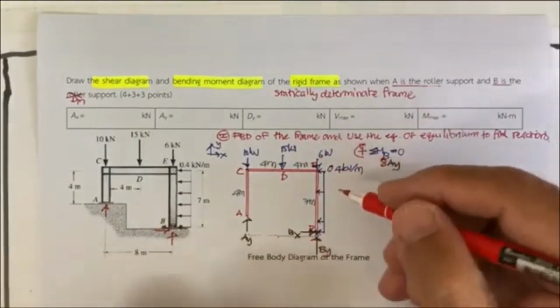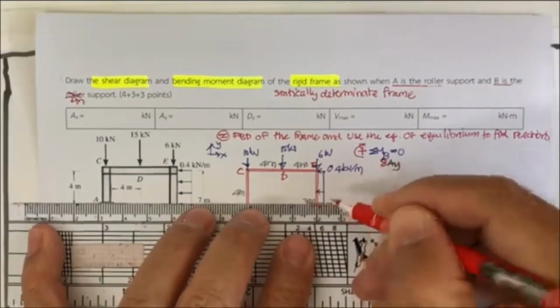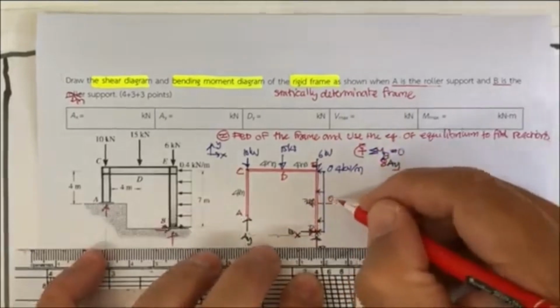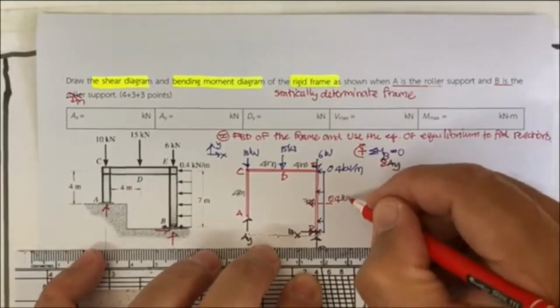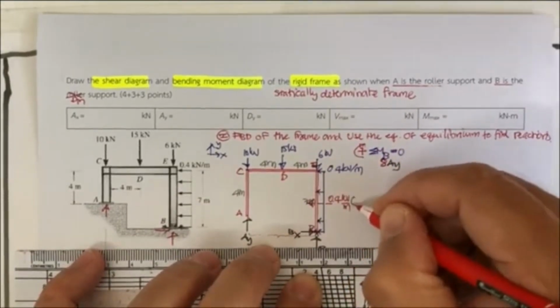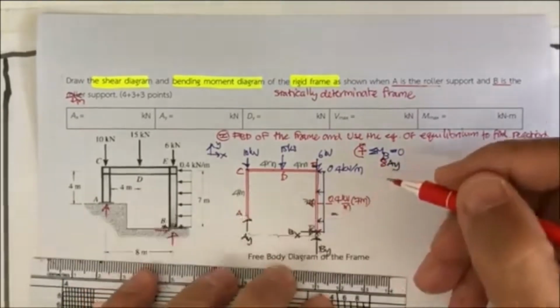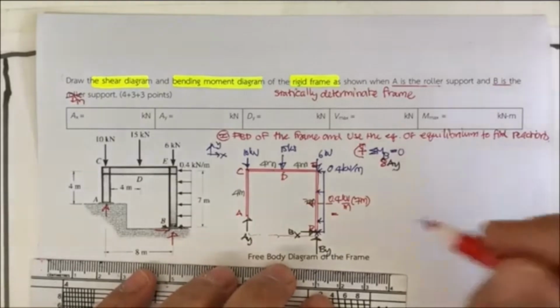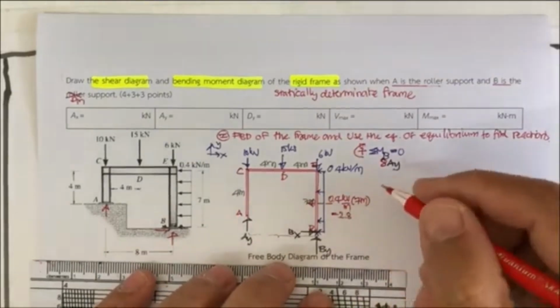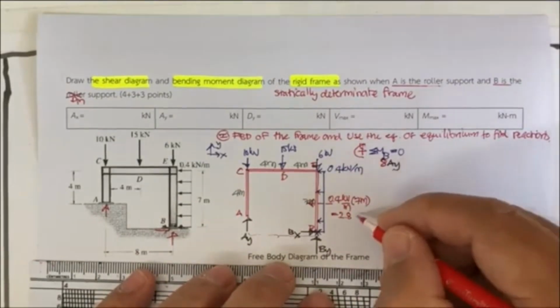And then we have the resultant of the uniformly distributed load of 0.4 kilonewton per meter times the length of 7 meter, and that gives 2.8 kilonewton.